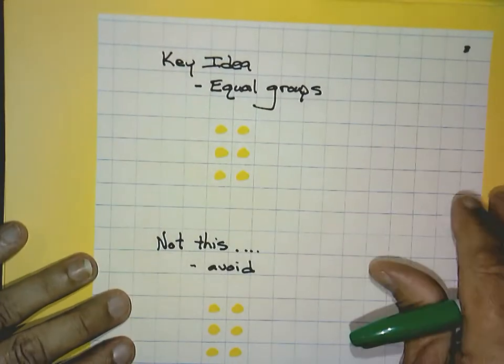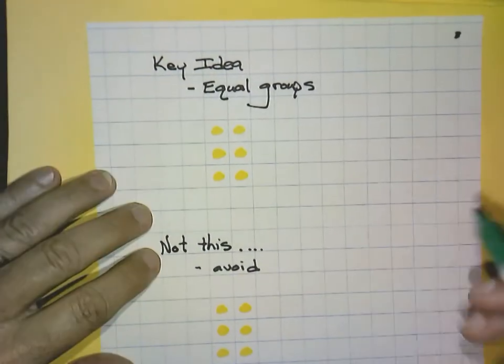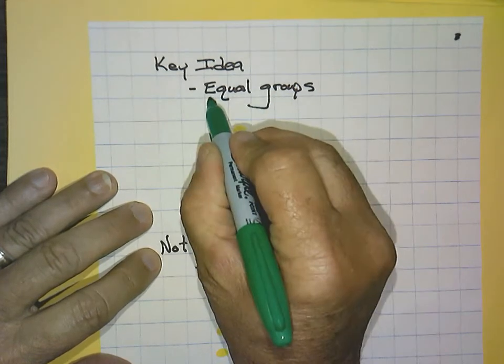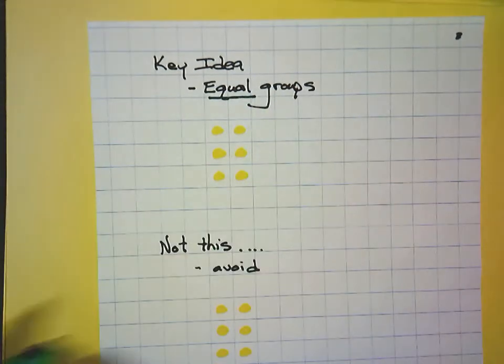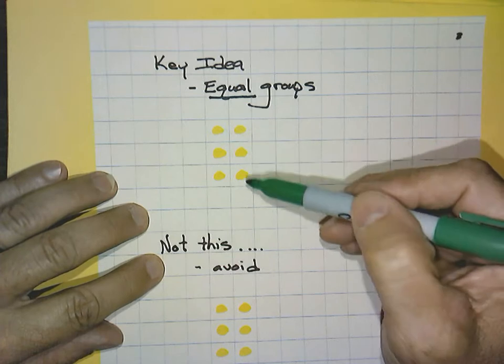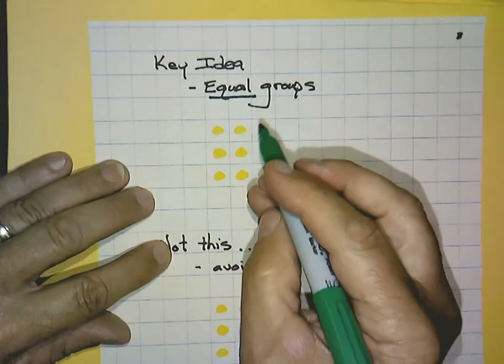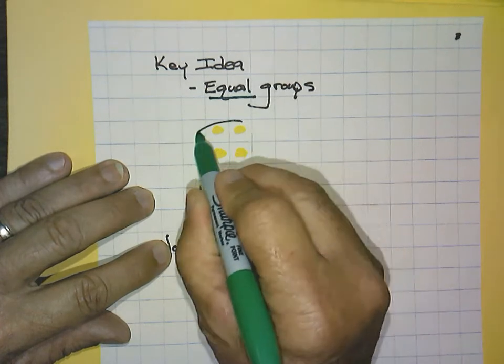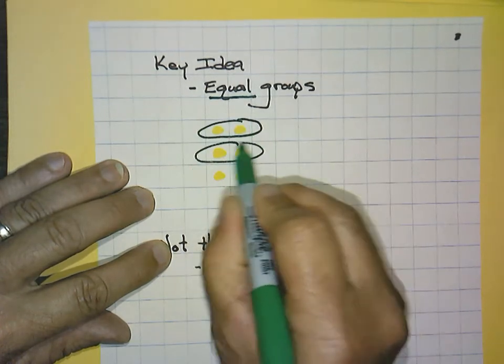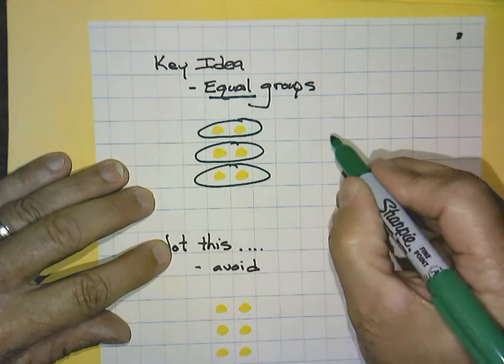Remember that the key idea in multiplication is that you have equal groups. For example, these dots here could model a multiplication problem. What I'm seeing here, and you could look at it another way, is 3 groups.